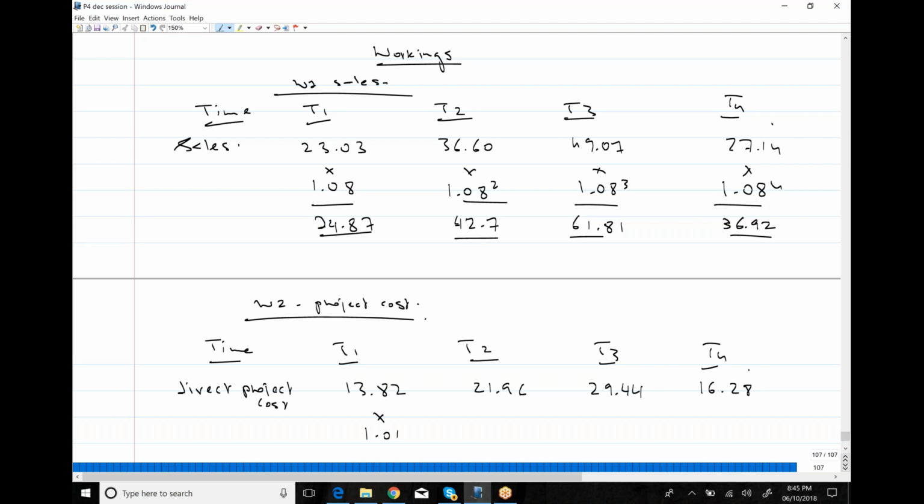So into 1.04, 1.04 to the power of 2, 1.04 to the power of 3, and to the power of 4.